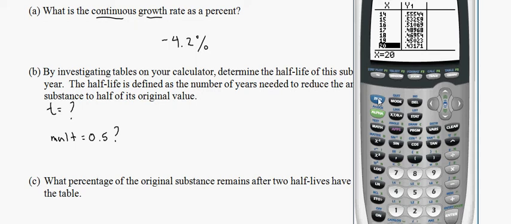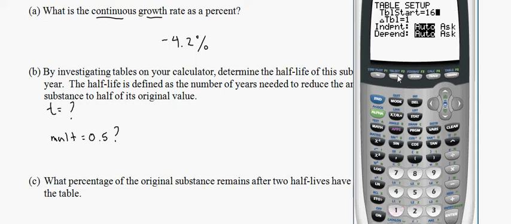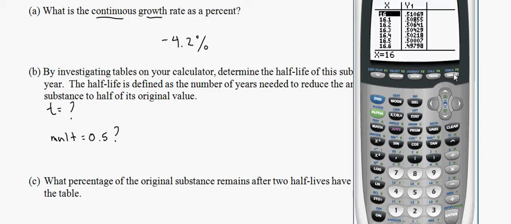I'm going to start my table at 16, and make my table go by tenths of a year. Let's take a look now. I think 16.5. We could go a little further to make sure it's closer to 16.5 than 16.6, but 0.5007 is closer to 0.5 than 0.4978.